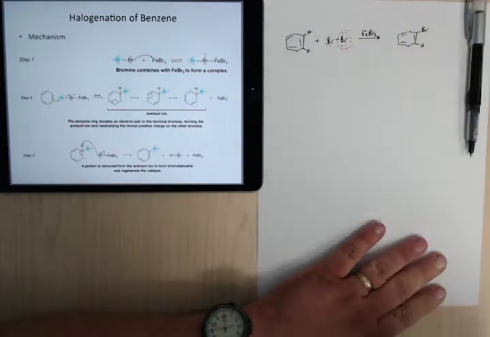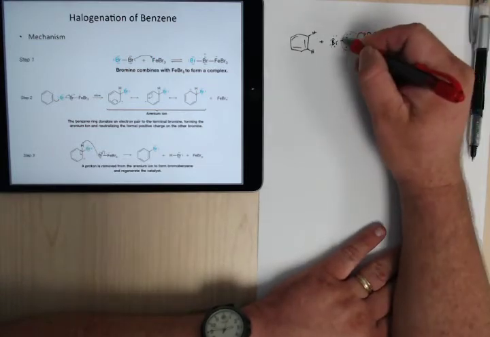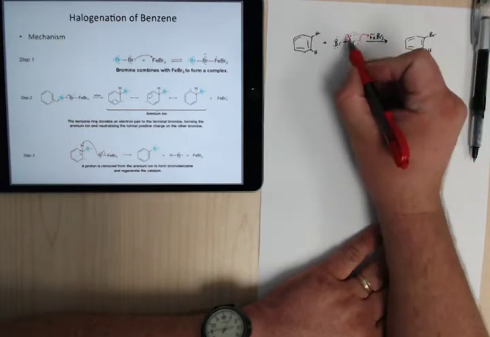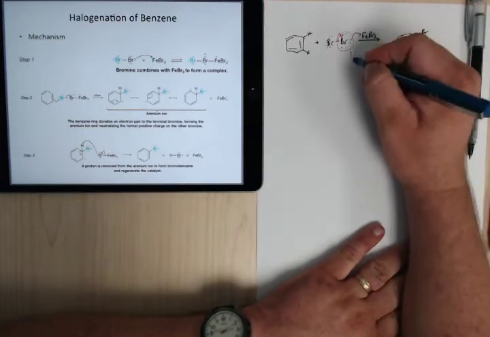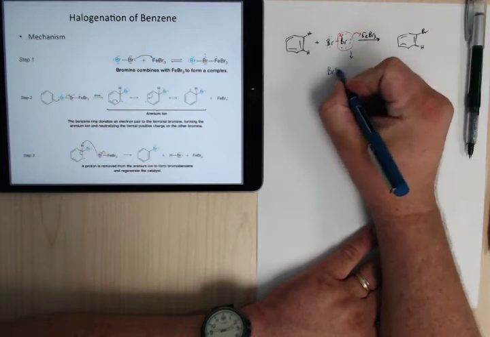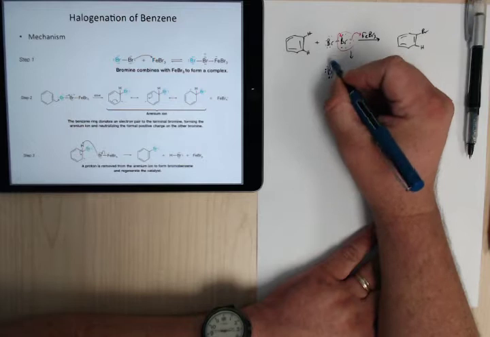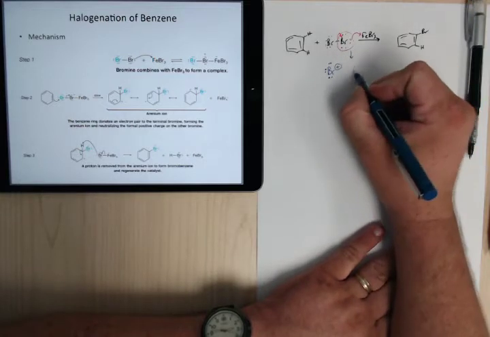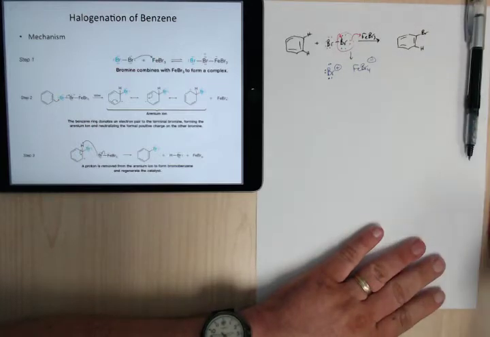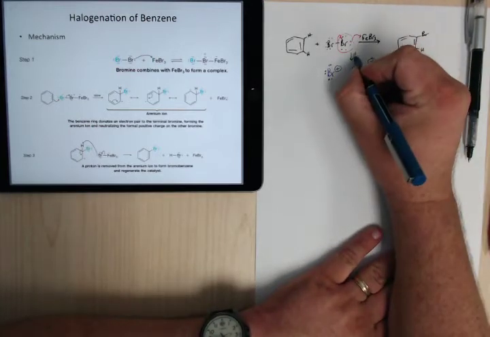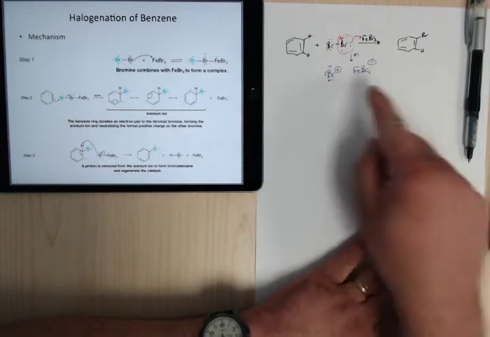It's searching for electron density. So it attacks here, and it busts the Br-Br bond, taking these two electrons with it. What you end up with is Br plus, with three sets of lone pairs, and FeBr4 minus. This is always step one: you have to generate the positively charged thing.